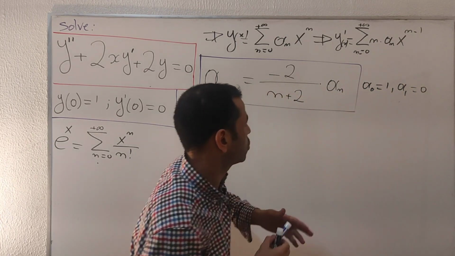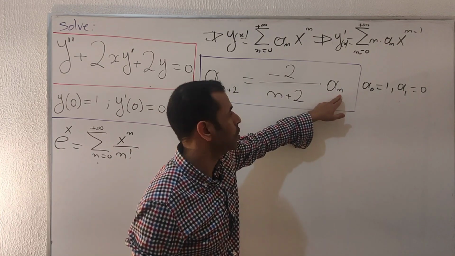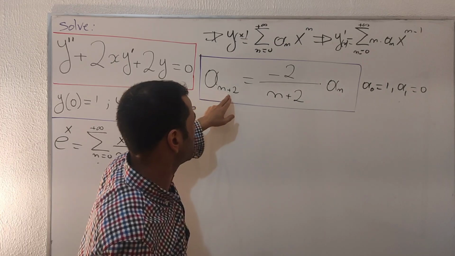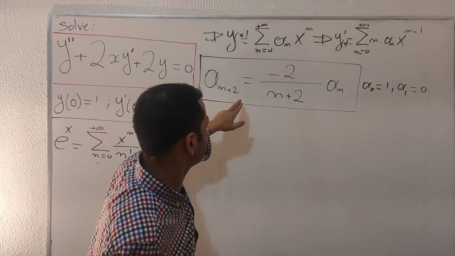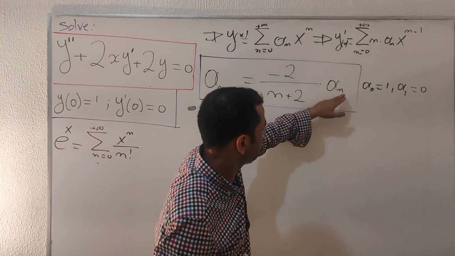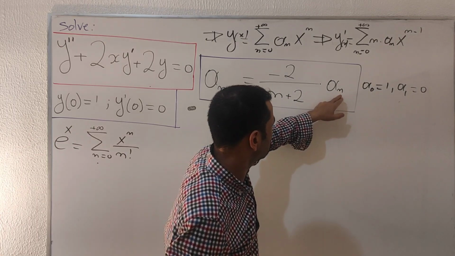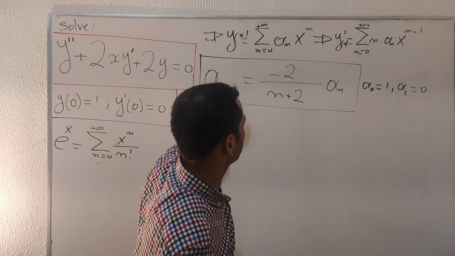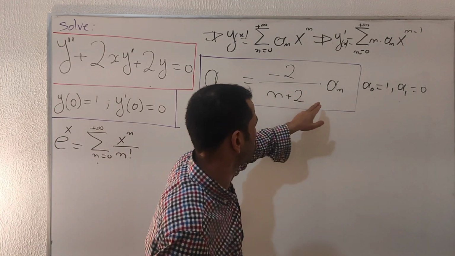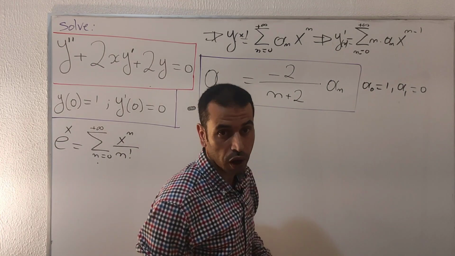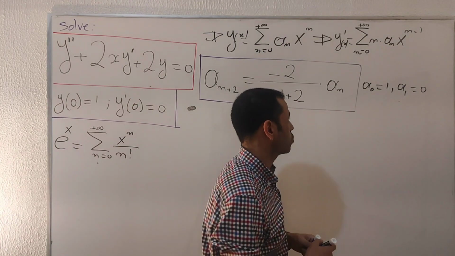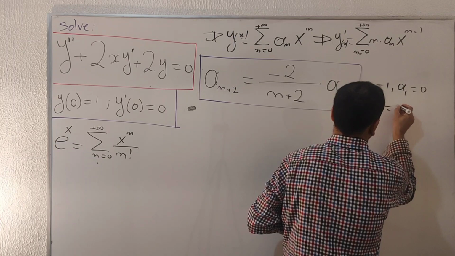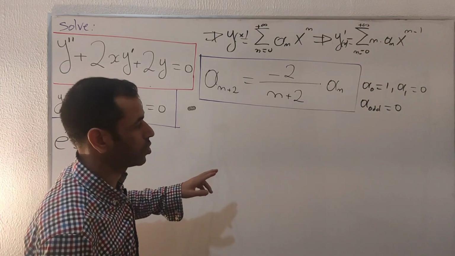If e sub 1 equals 0, by replacing n with 1 here, this one is 0, which means e sub 3 equals 0. Then we get the next one, e sub 5 equals 0, and e sub 7 equals 0, and so on and so forth. So all the odd terms equal 0 based on this condition.